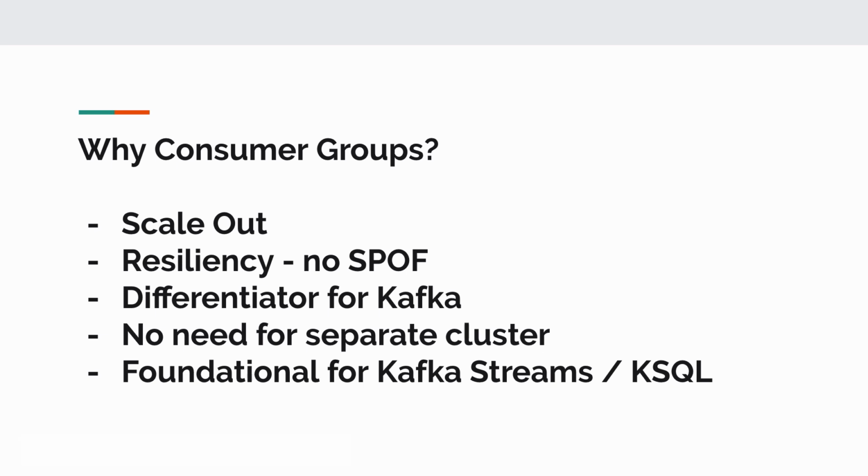Another one is resiliency. No single point of failure, as they say in the biz. You might want to design your system to handle failures and expect failures. What happens if a consumer goes down? We saw other consumers can pick up the workload after a rebalance. This is, by the way, a differentiator for Kafka.